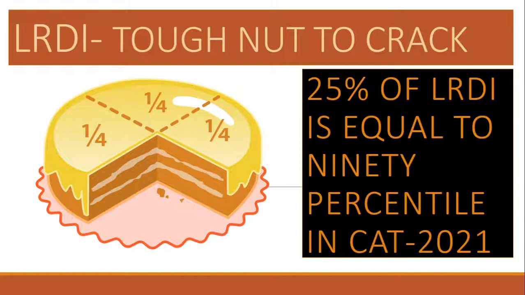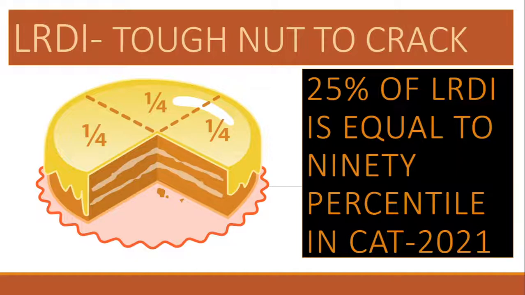Now the reason behind you not being selected in IIM Ahmedabad will not be the cutoff of LRDI anymore. When there used to be 1 hour and 32 questions, we just needed to solve 8 questions. Now, for the last 2 years, I am talking about CAT 2020 and the coming CAT 2021, we will have only 40 minutes. So, by solving 7 to 8 questions accurately, that means with 100% accuracy, or you can say 1/4 of the LRDI, you can fetch 90 percentile.